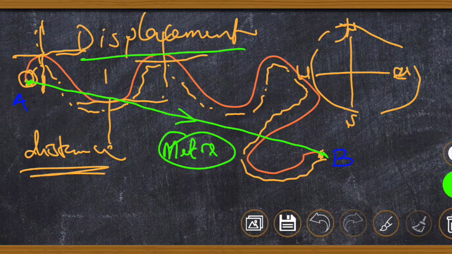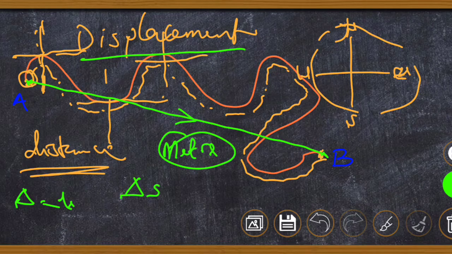It simply shows that displacement can be denoted with a symbol, which is change in x. Here, this symbol is known as delta. It represents change, and this x represents the spatial location of the object.